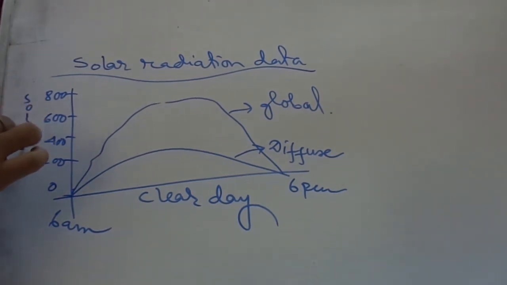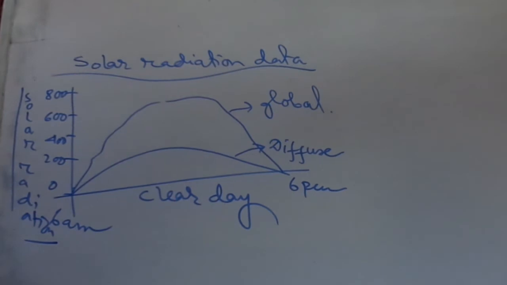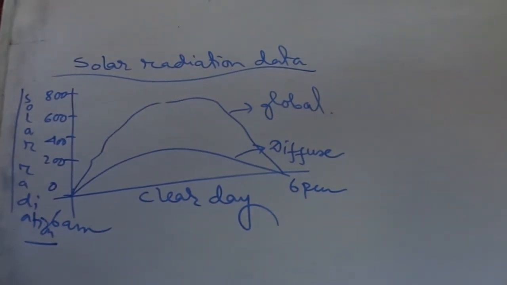So the solar radiation data is global and diffuse.